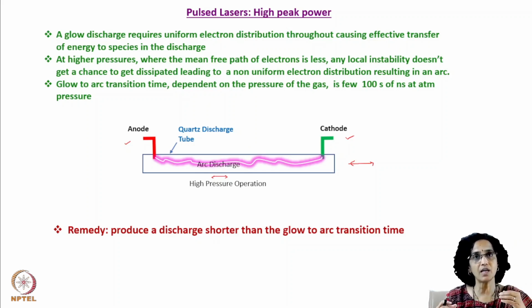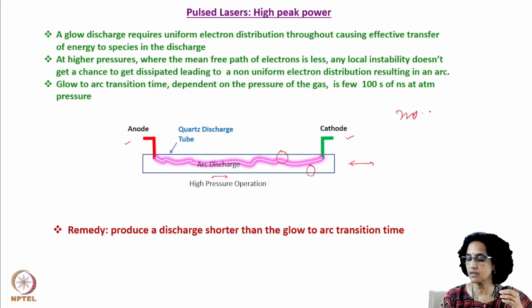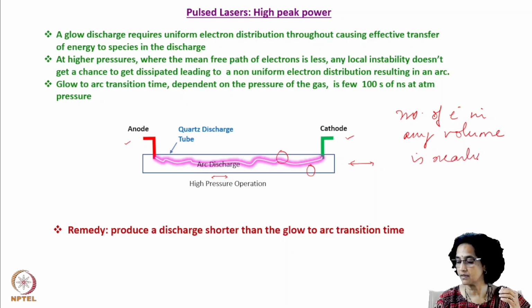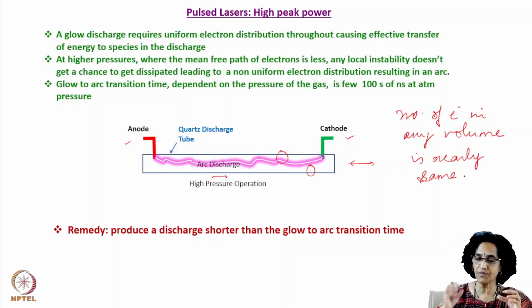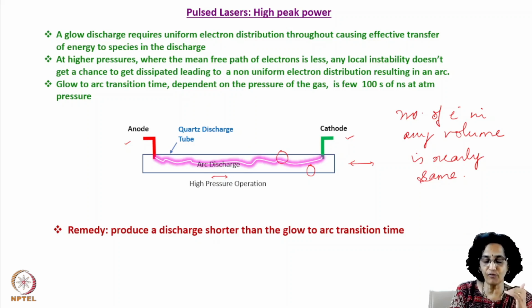When we say glow discharge, we mean that the number density of electrons in any given volume is nearly the same. When the number of electrons in any given volume is equal, you have a uniform flow of current.